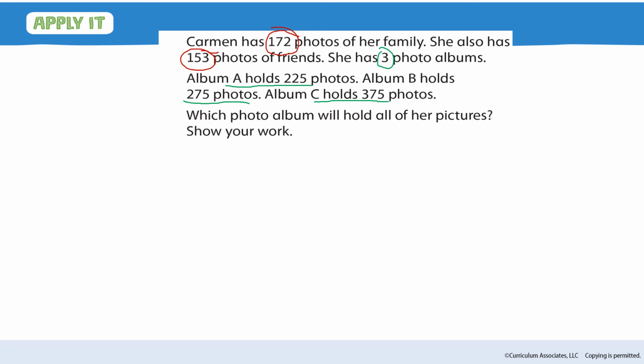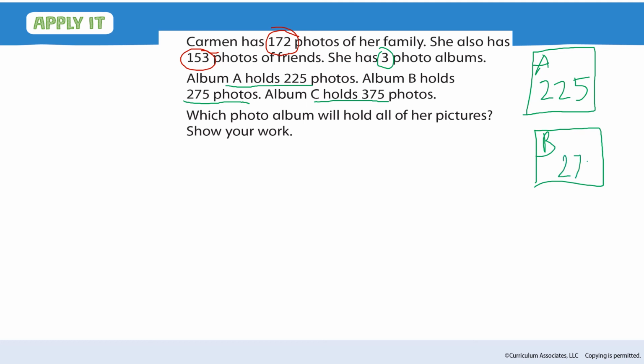Let's draw the albums just to keep us a little more organized, because when we have pictures, it often helps us to see what we're talking about. So album A has 225. That's how many it will hold. B will hold 275.